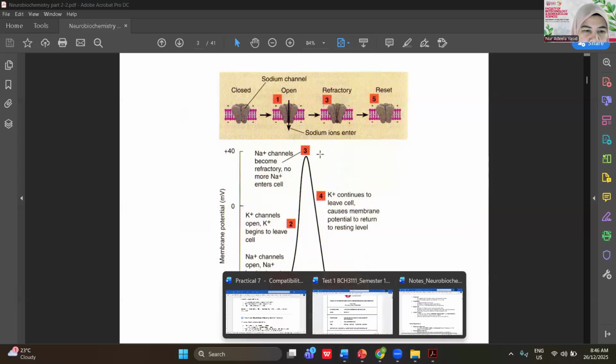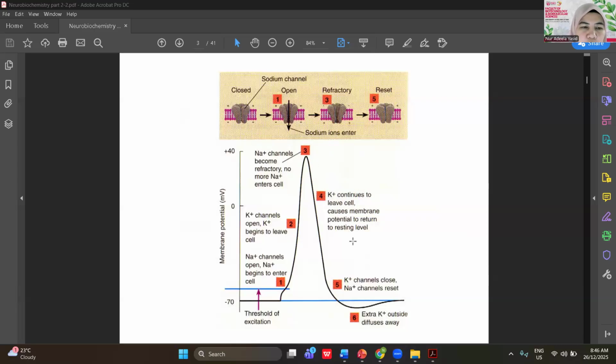Then we have potassium efflux, where the potassium ions exit the cell through the voltage-gated potassium channels. This causes the membrane to move back toward the resting level, becoming more negative.